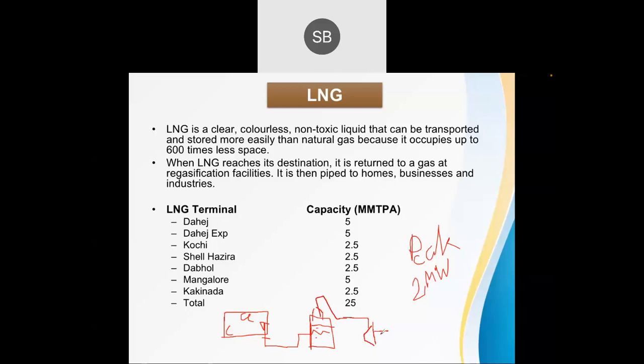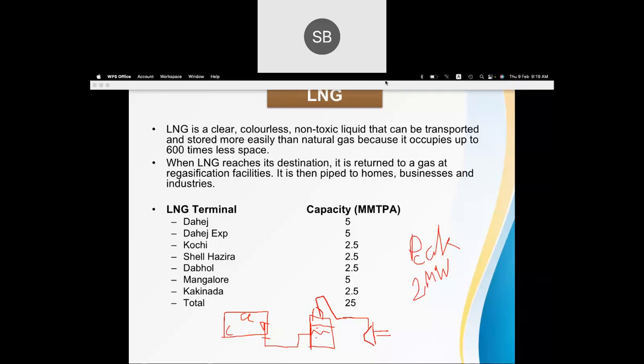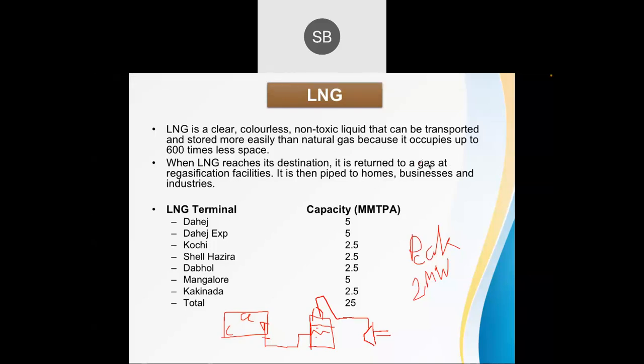Because of this heat, the water evaporates, and the high pressure, high temperature steam generated is passed through the steam turbine, and here we get extra power. So the heat that would go out as waste to the atmosphere is recovered in the thermal power plant.